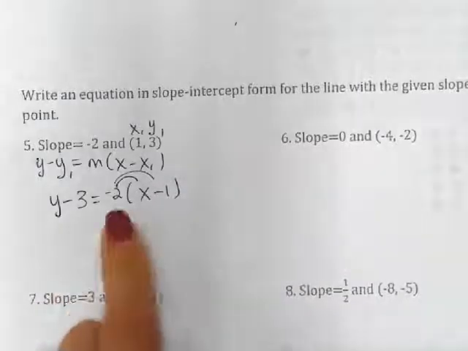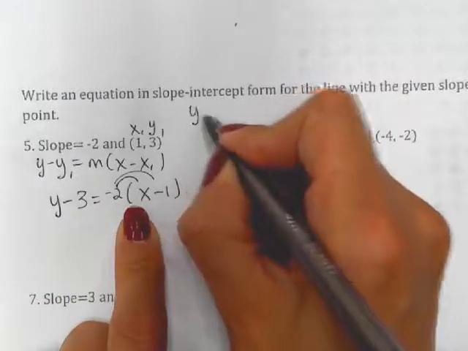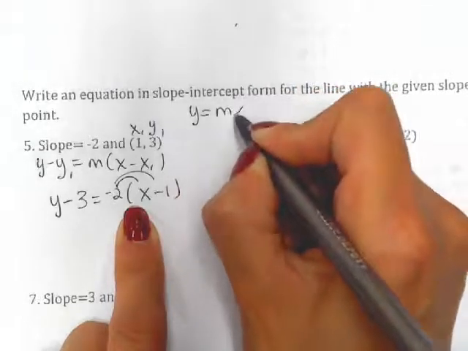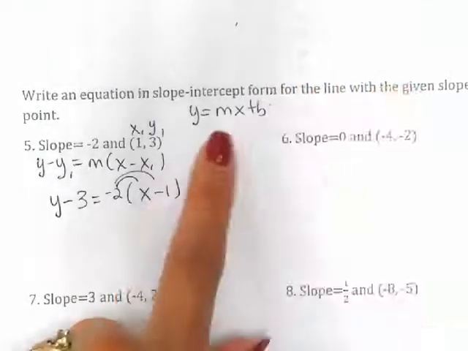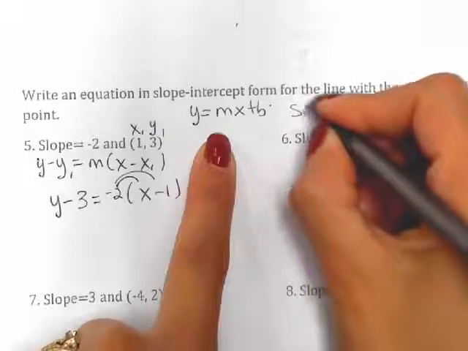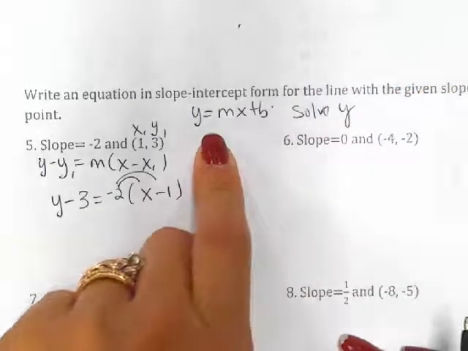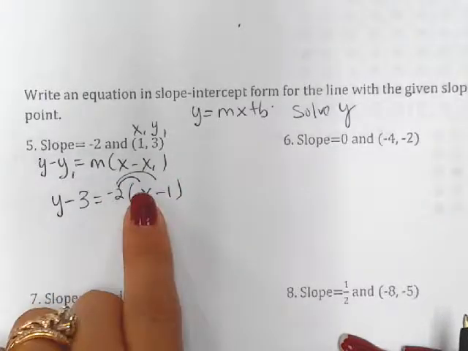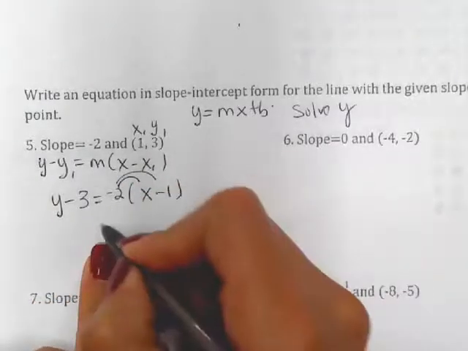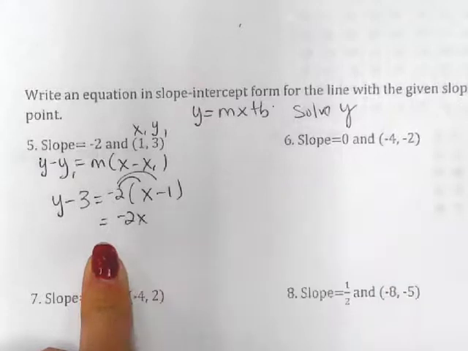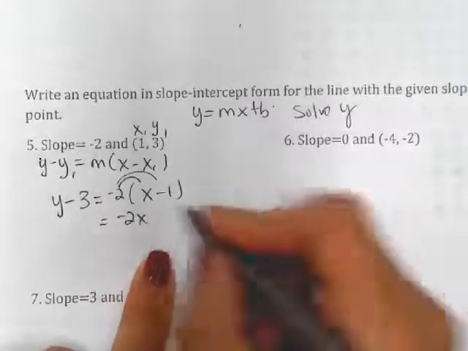The reason why we have to do this next step is because slope-intercept form is y equals mx plus b, where you're going to actually have to solve for y. So if you see, this equation doesn't have parentheses, so I have to distribute so I can get rid of them. So negative 2 times x is negative 2x. Negative 2 times negative 1 is positive 2.